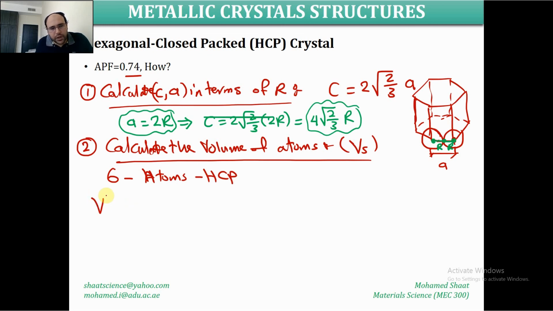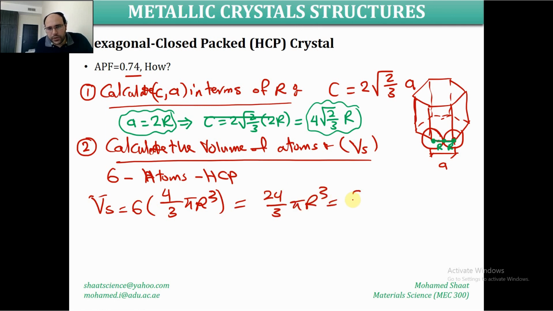So it means that the volume of these atoms should be 6 times the volume of the sphere, which is 4 over 3 pi R cubed. If we do the calculation, this gives us 24 over 3 pi R cubed, which is 8 pi R cubed. This is the volume of the 6 atoms that form the HCP crystal structure, as we mentioned.